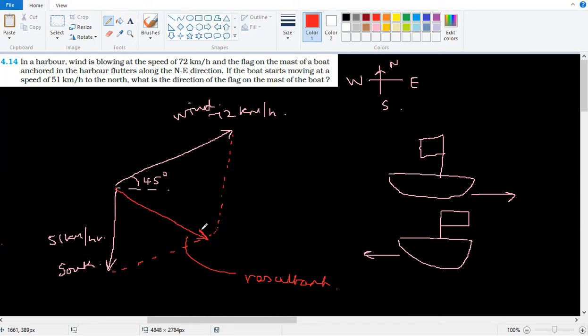So what is the theta between this and this? This is 45, this is 90. So 90 plus 45 will be 135. Let me take this as my first vector, A vector, and this as my B vector, because it's easier if I take it straight. So the angle between them is theta, 135.